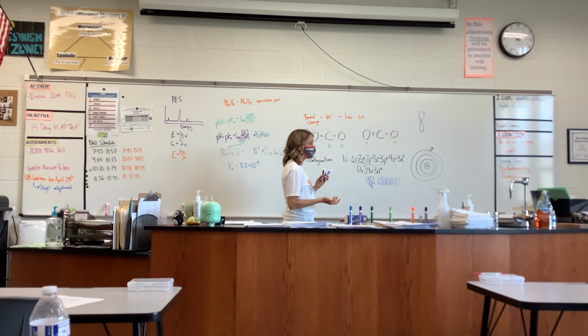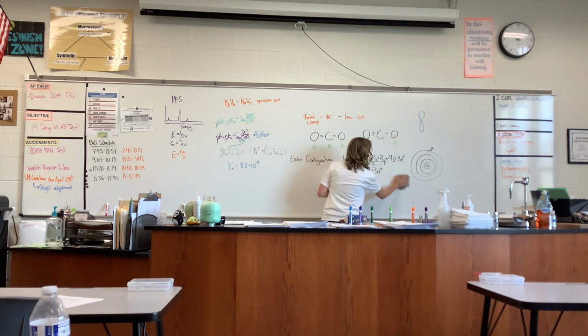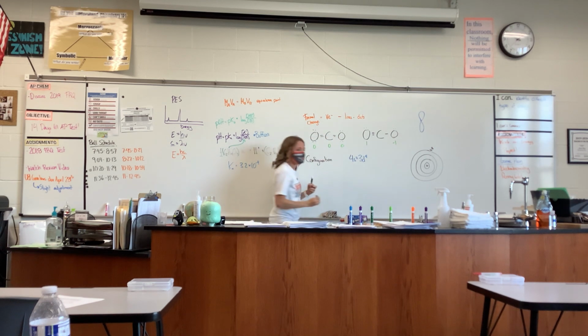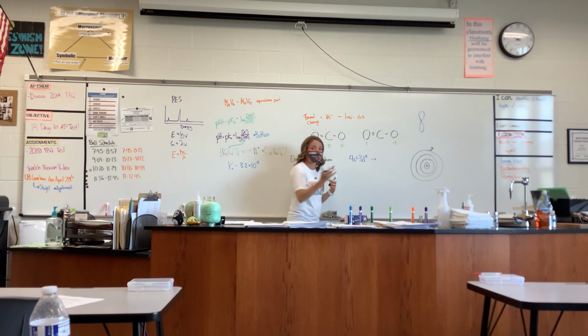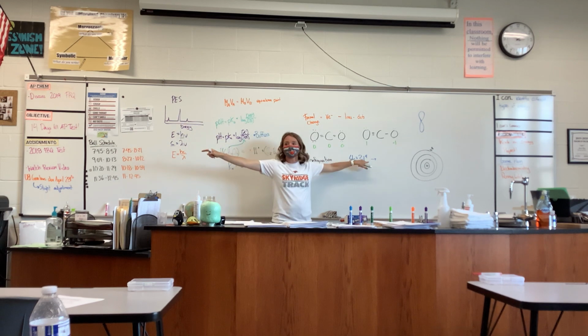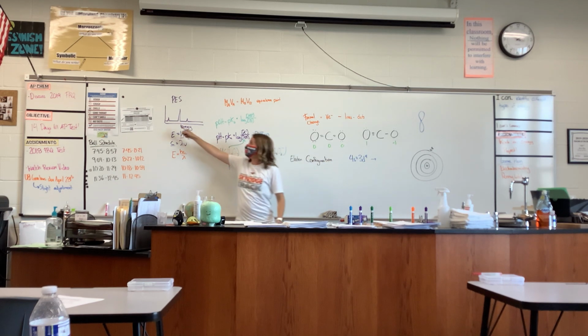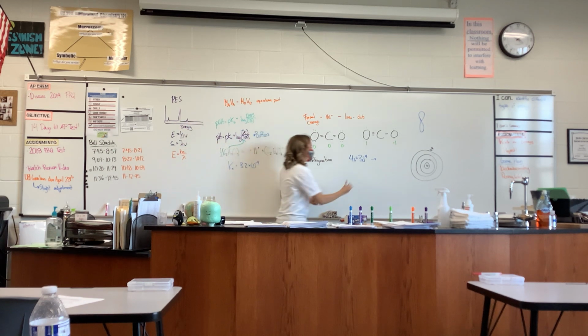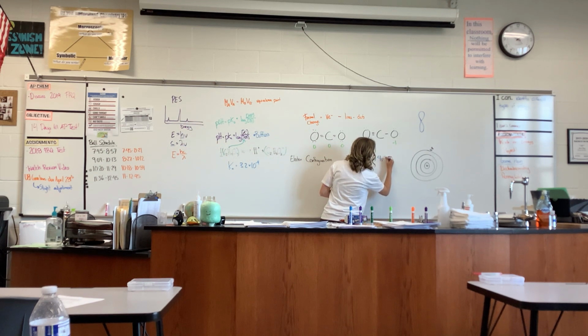For example, chromium is an exception: if you write its normal configuration, you would get 4s2 3d4. But its true configuration that they have found experimentally, because that's what this helps you determine, is 4s1 3d5.